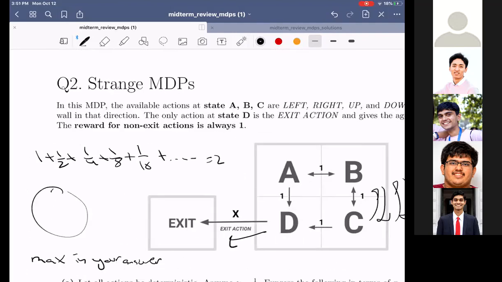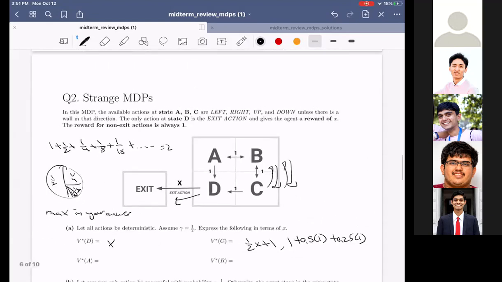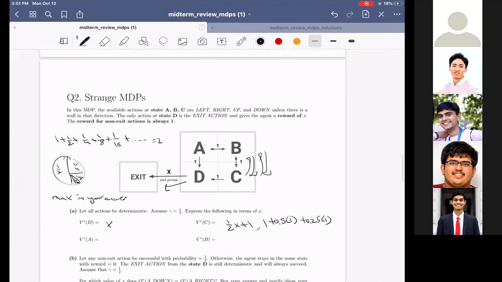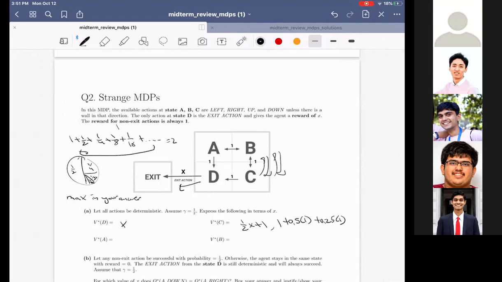You can imagine a circle: you take 1/2, then 1/4, 1/8, 1/16, and eventually you fill up the circle. So this part goes to 1, and this part is 1. So that's 2. And so the value here is the max between these two options, based on whatever value of X, since we don't know what X is.